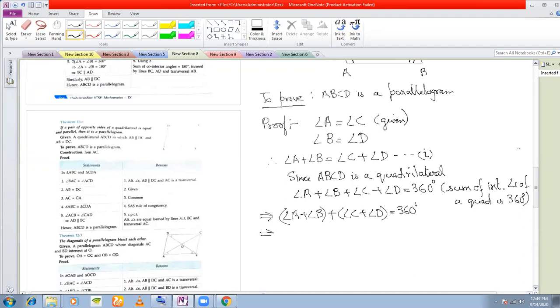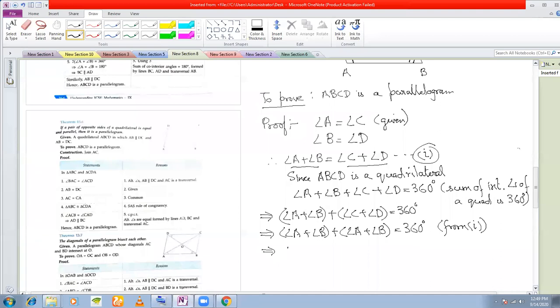Now what you see here is, you write angle A plus angle B as it is, and from 1 you see that angle A plus angle B is equal to angle C plus angle D. So you can replace angle C plus angle D by angle A plus angle B, and the reason is from 1.